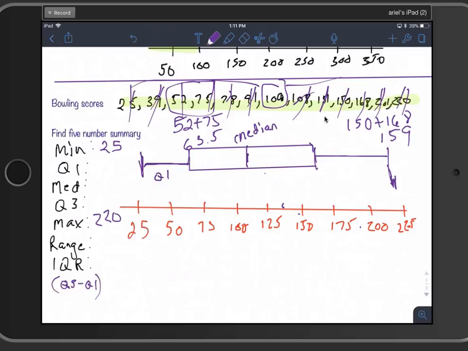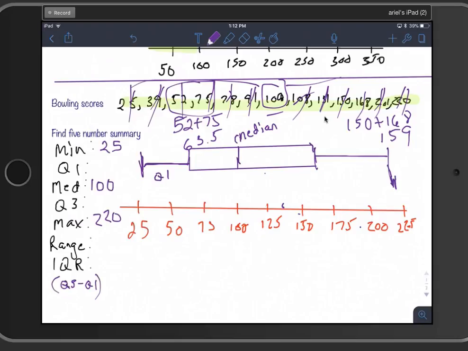So when we're looking at what they're going to ask us on the test, our median total is, what did we decide, 100. I think I wrote 109, but I meant it to be 100. So our median is 100.